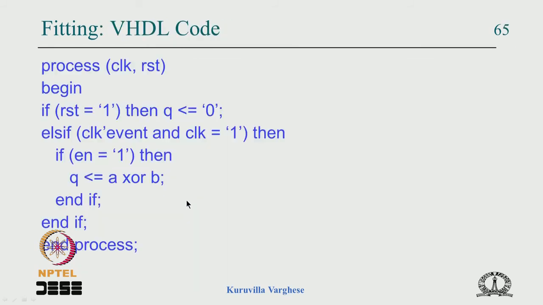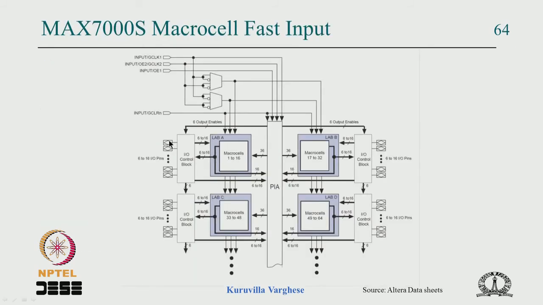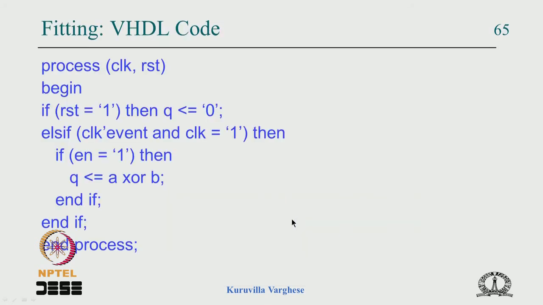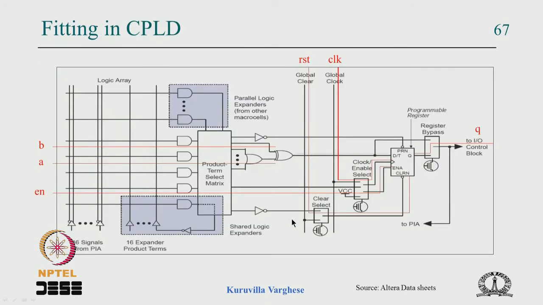In addition to that, you know that there will be A and B pins connected here, which will be taken through the crossbar into this array. Similarly the enable. So you have to remember, there is more programming within the crossbar switch. That gives you an idea, and this can be easily worked out.